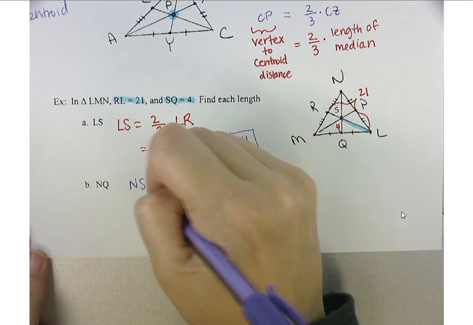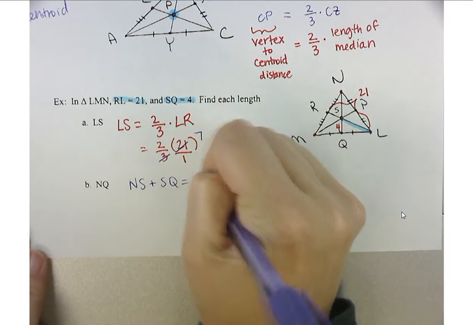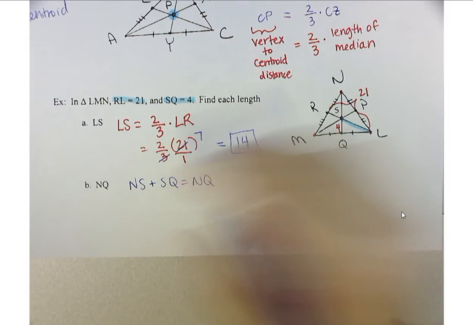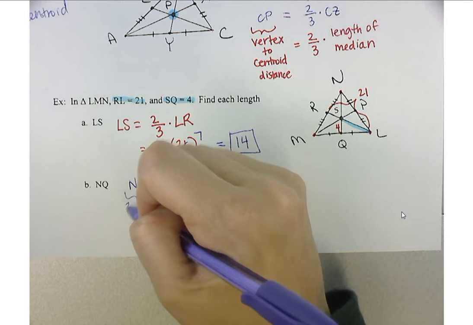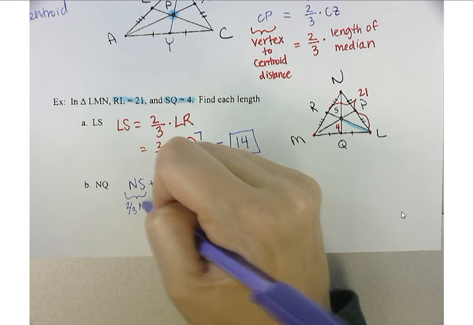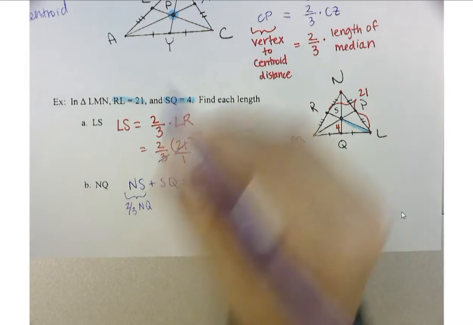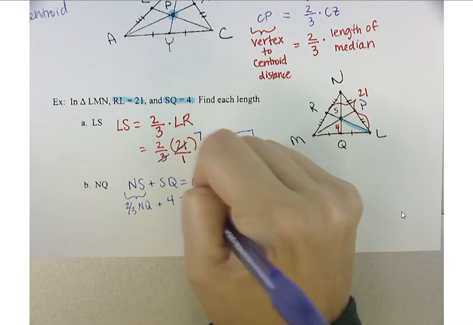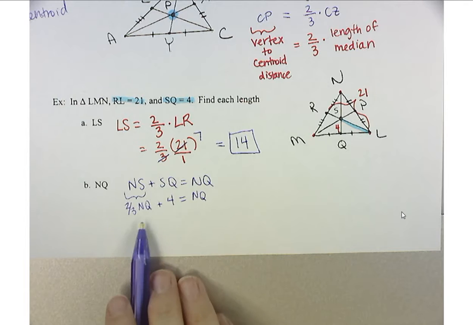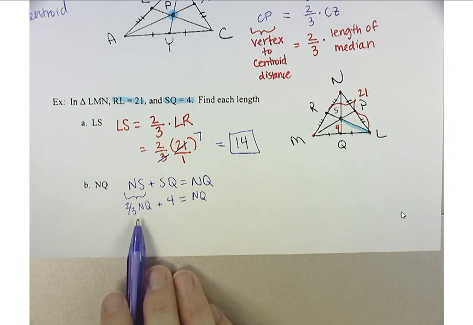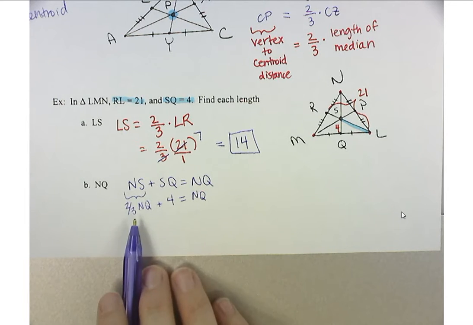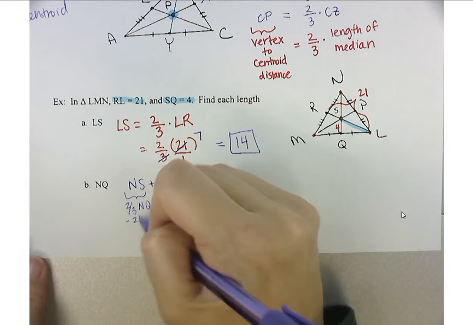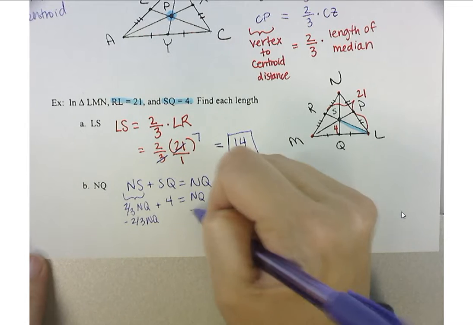NS plus SQ equals NQ. Okay, we know that NS is going to be 2/3 of whatever NQ is. And we know that this is 4. So if we wanted to solve this algebraically, we could do that because we wrote this in terms of NQ. So I could just subtract 2/3 NQ.